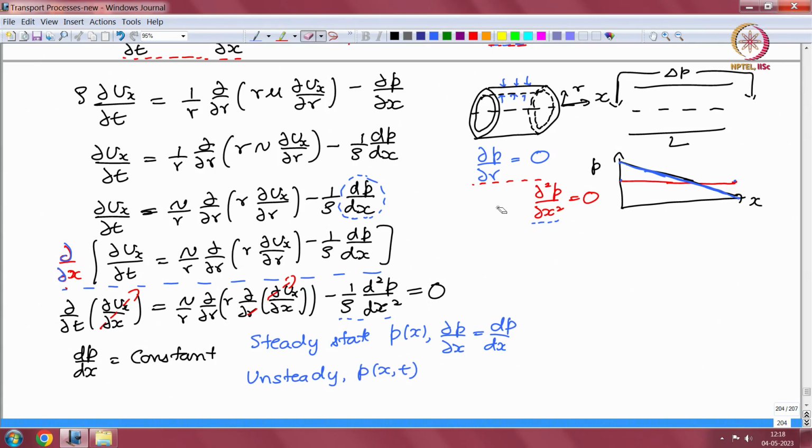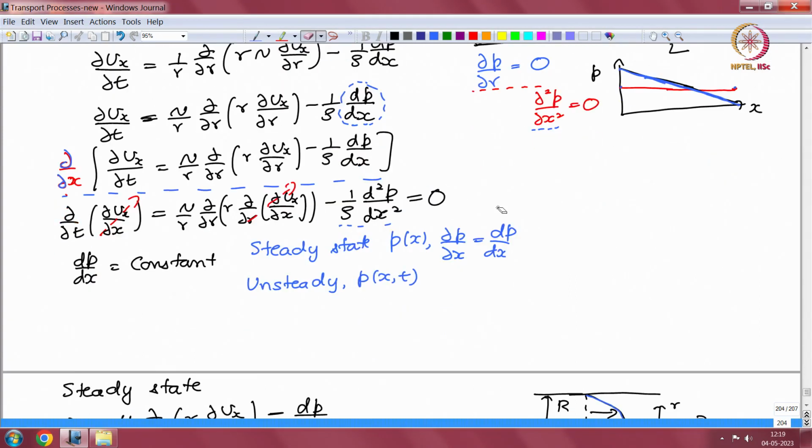It is a straight line between the pressure at the inlet and the pressure at the outlet. For an unsteady flow, the pressure at the inlet and the outlet could vary with time. However, at each instant of time, the pressure anywhere within the pipe is on a straight line between the pressure at the inlet and the pressure at the outlet.